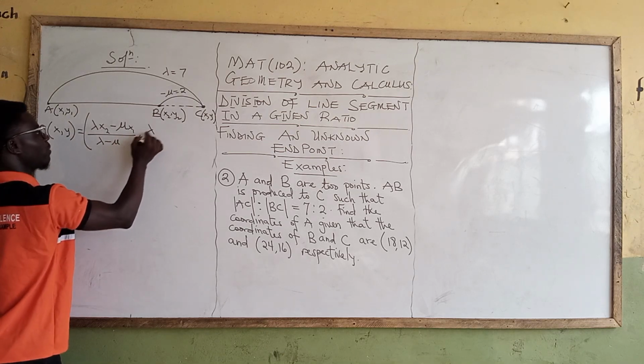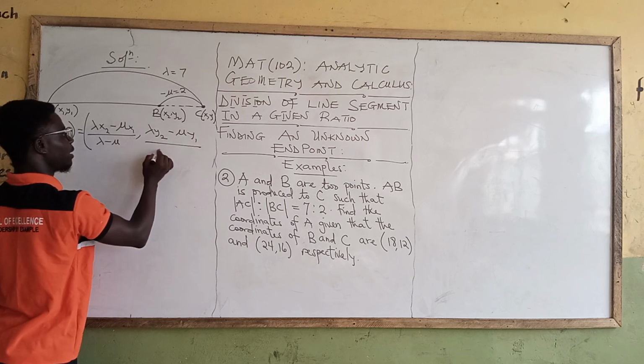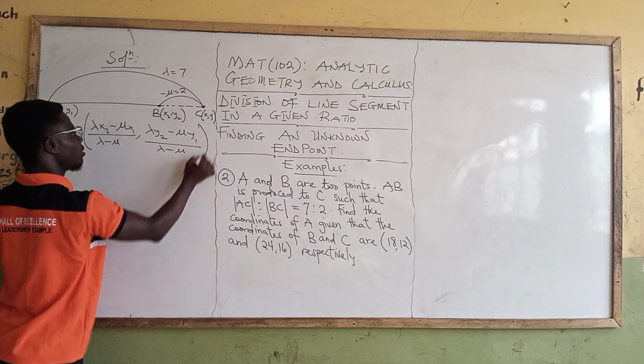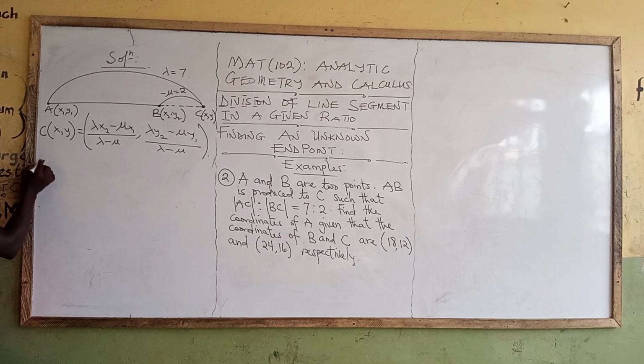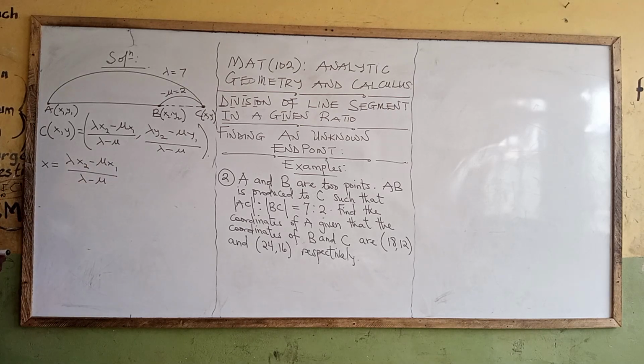Then we have lambda y2 minus mu y1 divided by lambda minus mu. So I get my point x, which is equal to lambda x2 minus mu x1 divided by lambda minus mu.